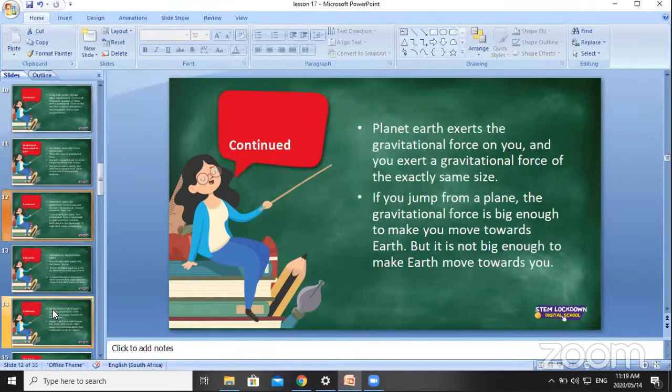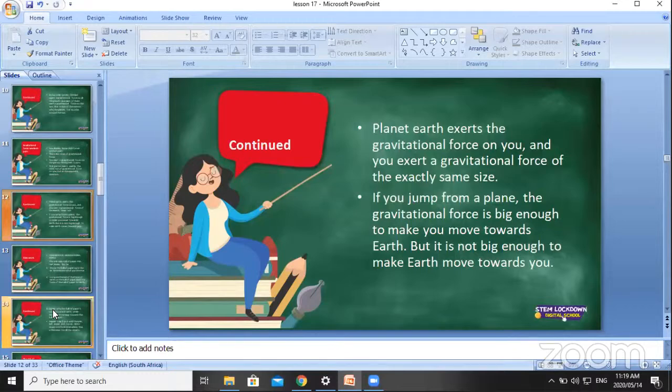So planet Earth exerts the gravitational force on you, and you exert a gravitational force on Earth of exactly the same size. But if you jump from a plane, the gravitational force is big enough to make you move towards the Earth.